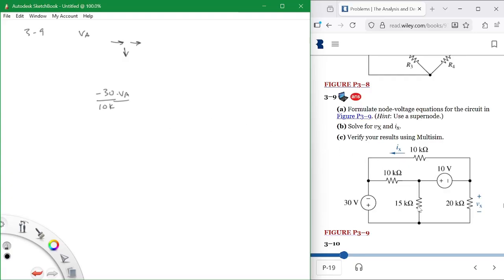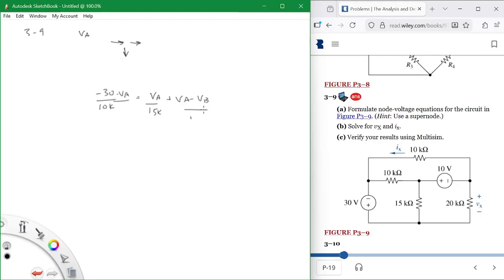Now the current going out is VA divided by 15K plus VA minus VB over, excuse me, it would be VB plus 10.